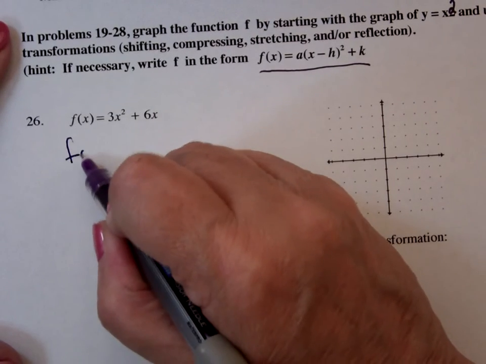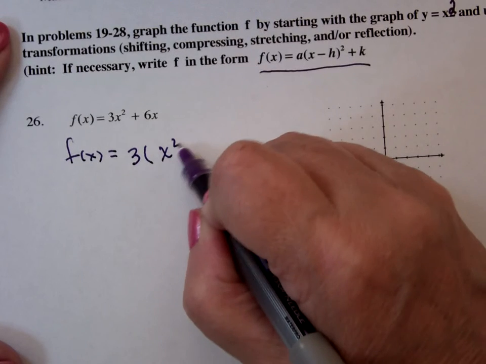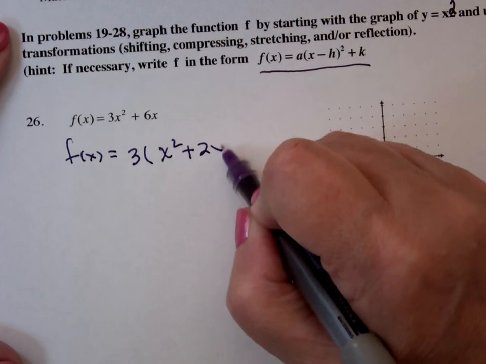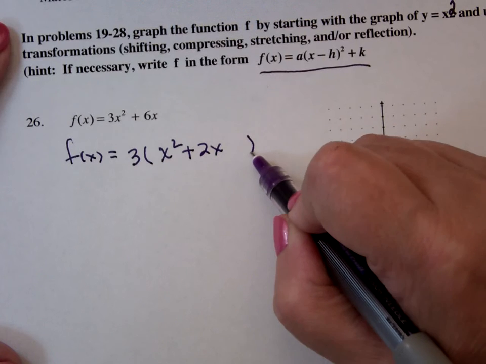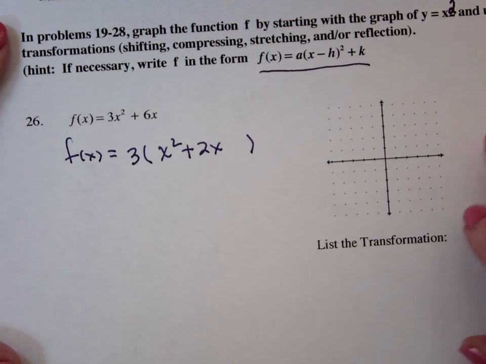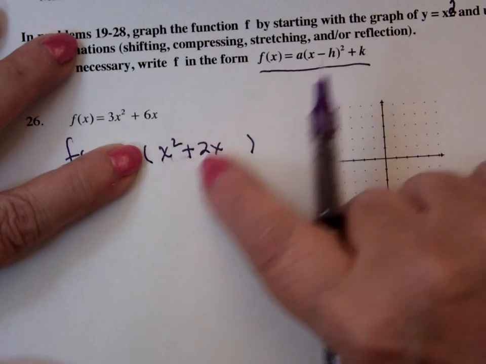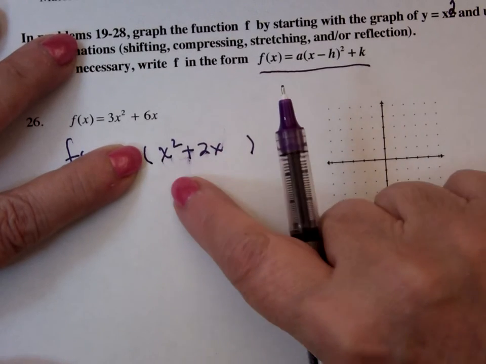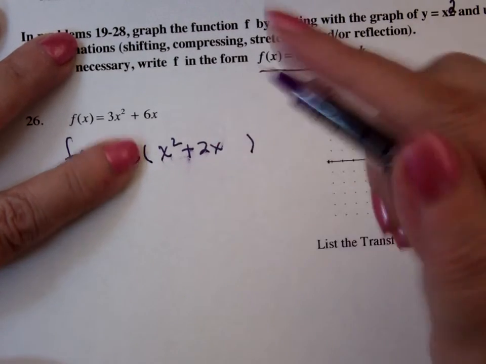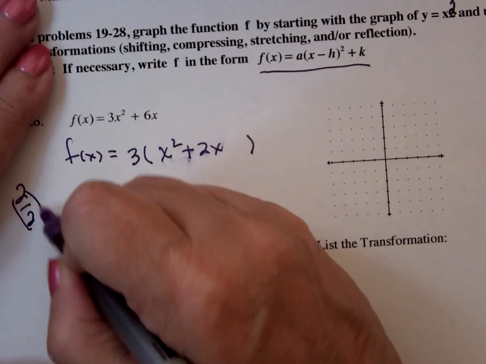So that f of x is 3 times x squared plus 2x. Now the coefficient of x squared is 1. I can complete the square on the x's. I take 2 divided by 2, and square it.